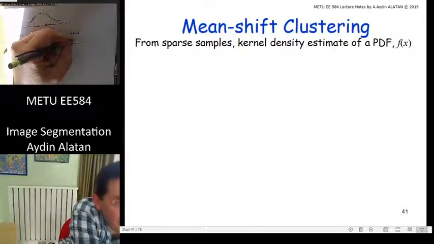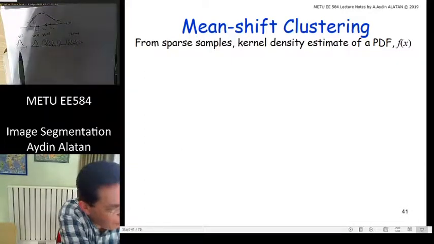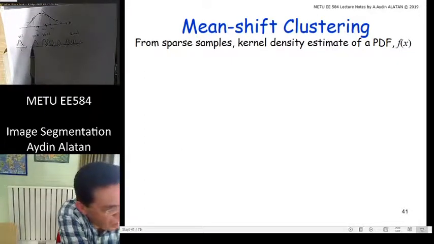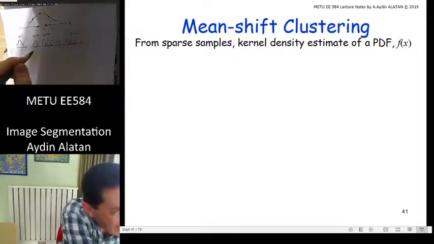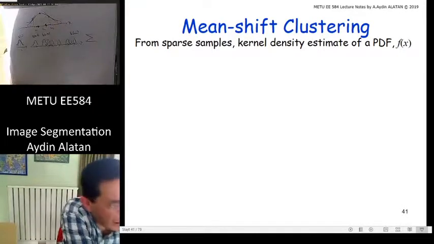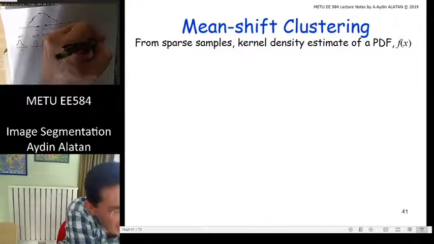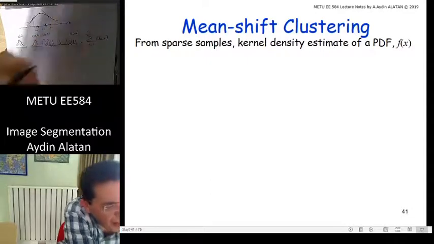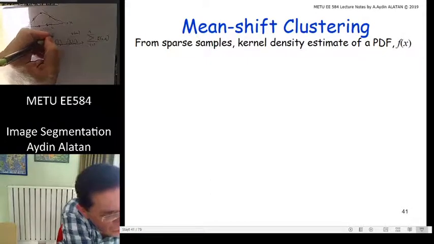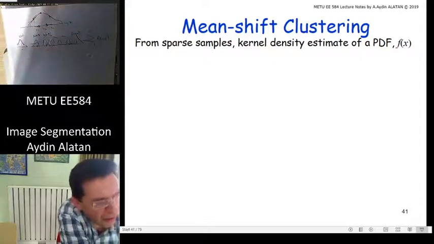At every sample that you have, if you have 1, 2, 3, 4, 5 of these samples, if you just obtain this, and if you add them up, if you add all your K(x - xi) for i from 1 to n, that will be nothing but such a beautiful thing at the end.